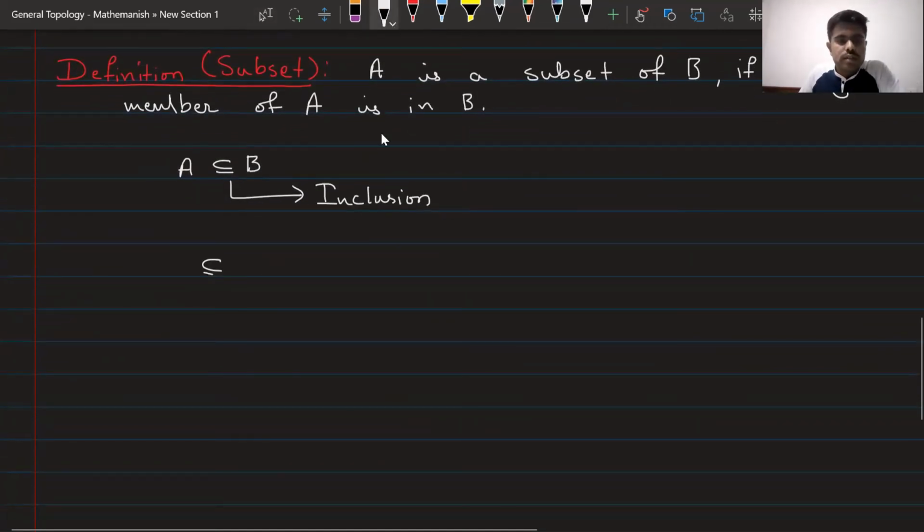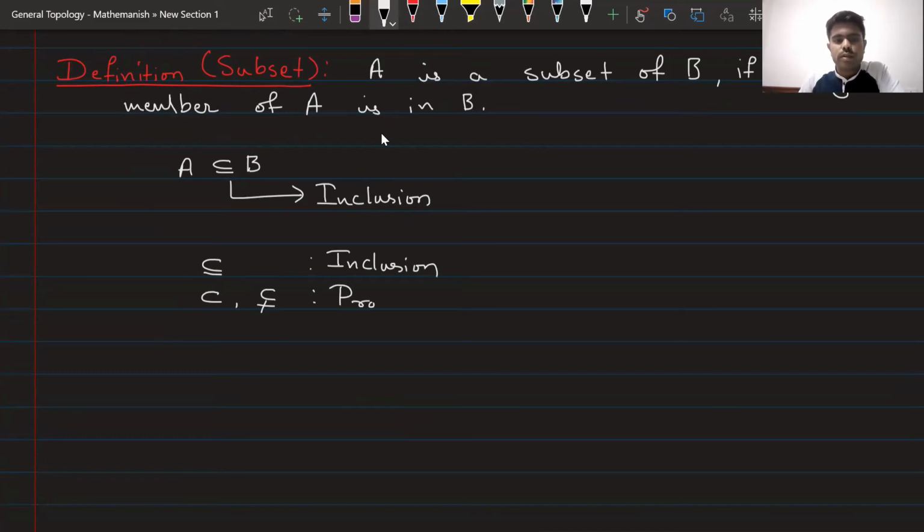One is this and the other one is this. We can also write this like this. This is called just inclusion, and this is proper inclusion. When two sets are properly different, then we use this.